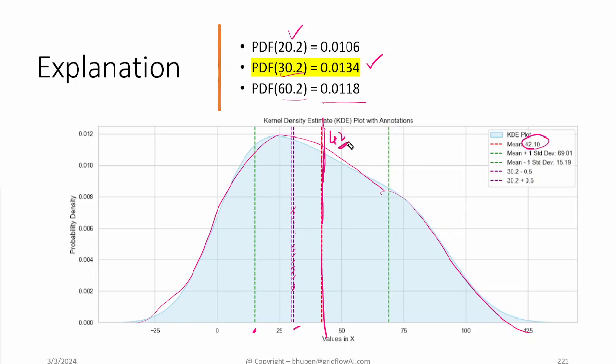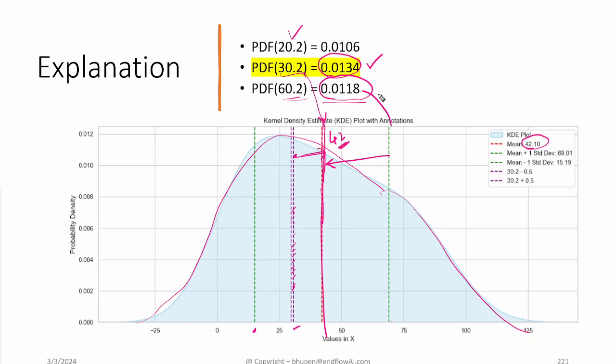Now notice the value 30 is actually closer to the mean of 40. And the value 60, probably the green line here is 60, and that's a little far away from the mean compared to the 30. 30 is here. So the PDF, if you notice, the PDF for 30.2 is comparably higher than the PDF for 60.2.